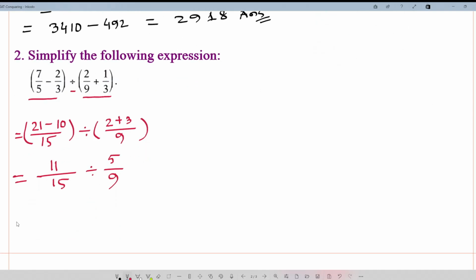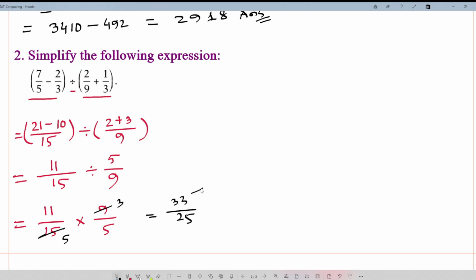Now this division we can write as multiplication, so 9 will be the numerator and 5 becomes the denominator. So after dividing, 11 times 3 is 33 and 5 times 5 is 25.